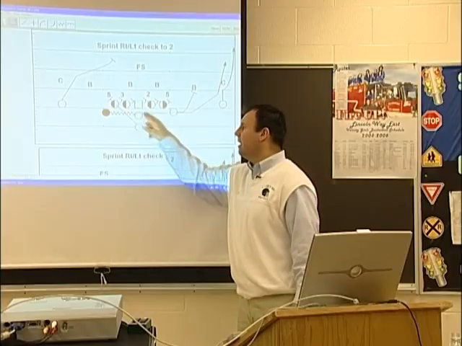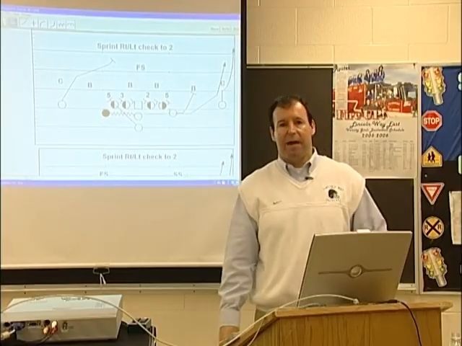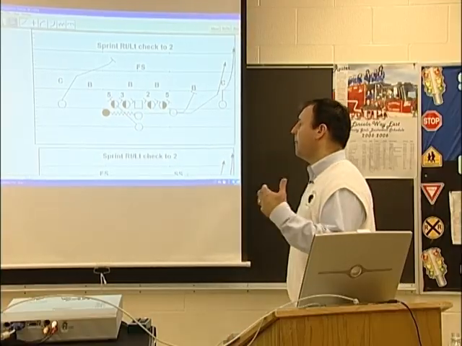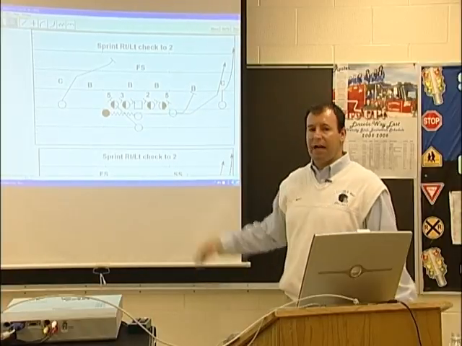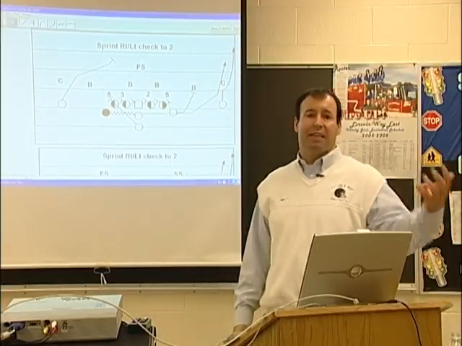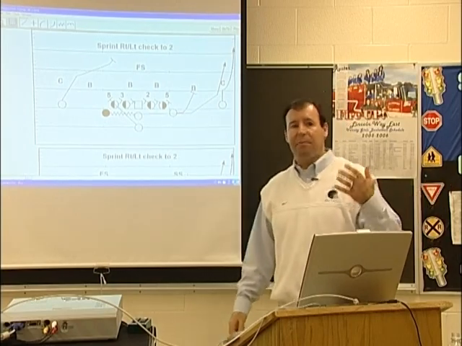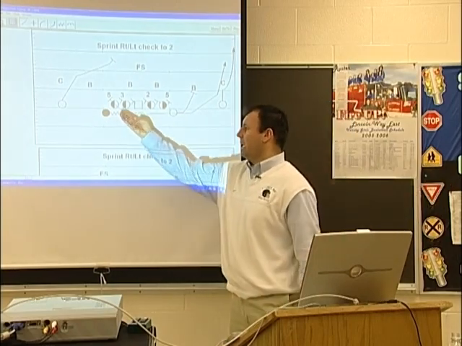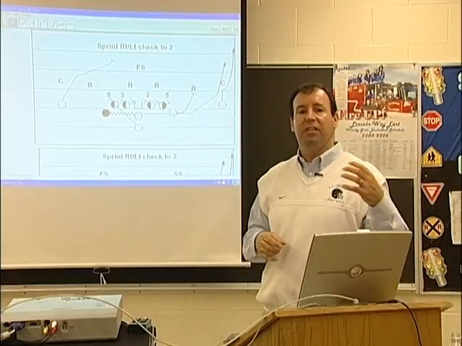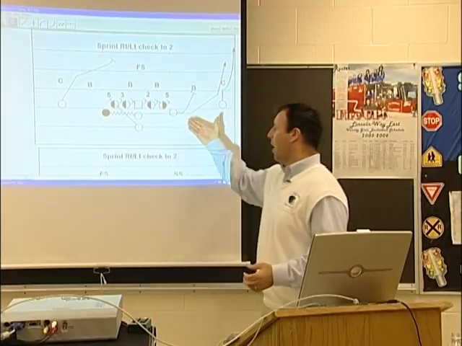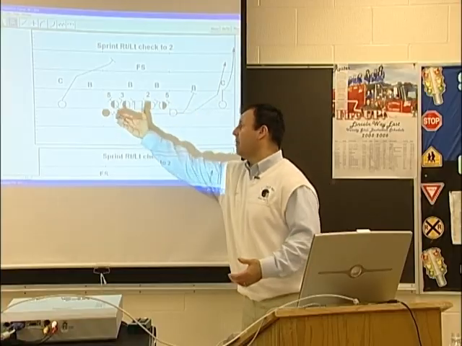The timing between the wing and the quarterback is essential. If the timing is off, the 5 technique, the 2 technique, the outside backer, the inside backer can make this tackle with ease. We have to make sure we time it up where he's getting the ball and he's at the perimeter rather quickly. As we mentioned in the personnel segment, with our philosophy, we want our best athletes there.